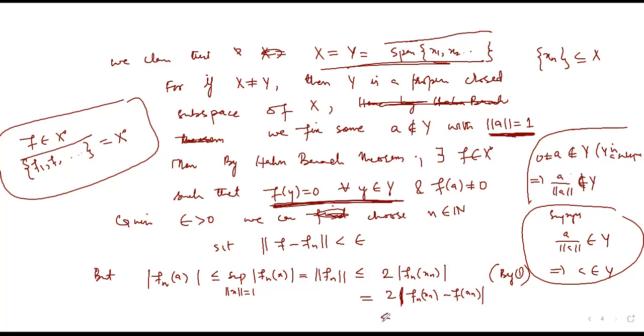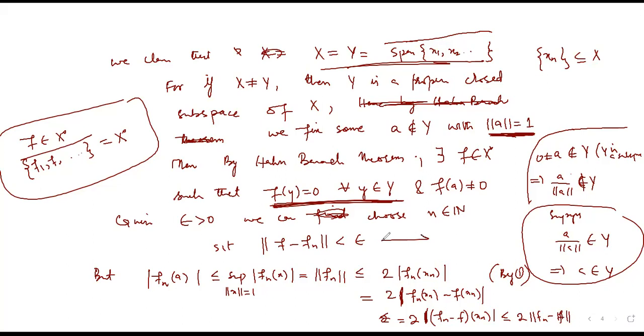So this is equal to twice the pointwise difference applied to xn, and since norm of xn is equal to 1, as we took earlier, this is less than or equal to twice norm of fn minus f.